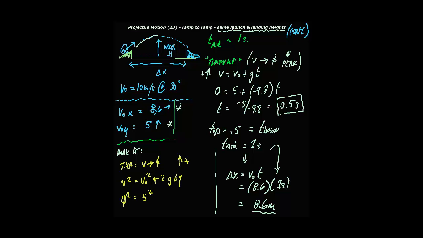Initial velocity 5 squared. Again, we go back to using our vertical velocity. Plus 2 times minus 9.8 because gravity is down against our positive up. Delta y. We find out the delta y is going to be, what does that come out to be? Minus 25 over minus 19.6. That gives us 2-ish meters, doing it off the top of my head.